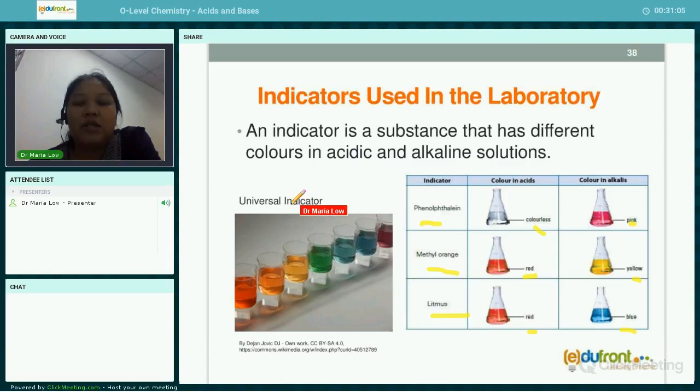Then, of course, we have another kind of indicator, which we call universal indicator. What universal indicator does is that it has distinct colors, closely representing the colors of a rainbow, that indicate each and every pH level of your solutions.